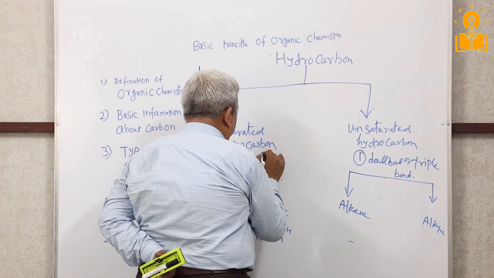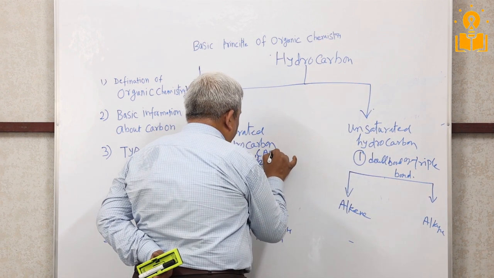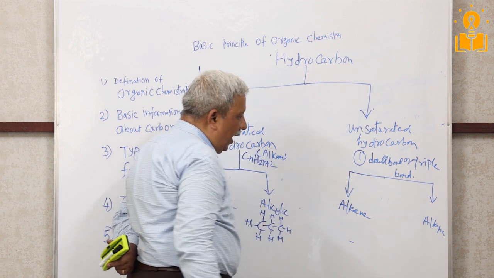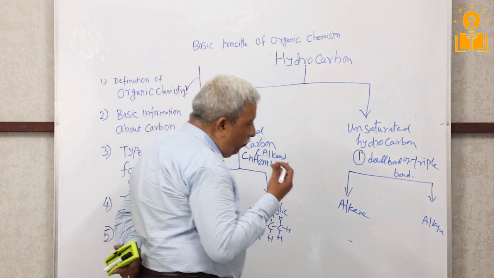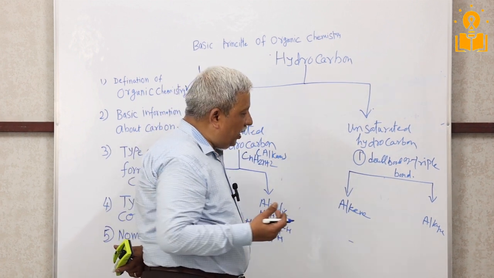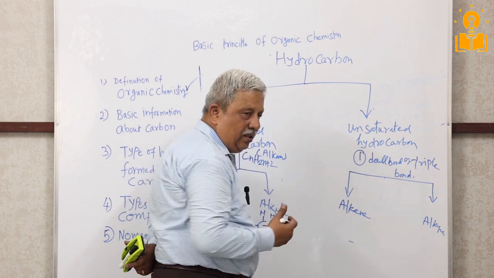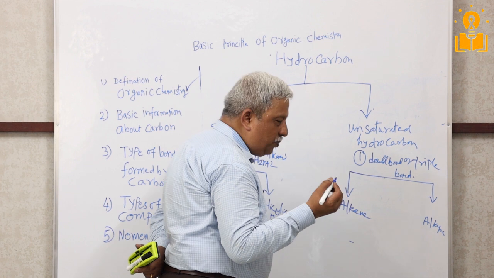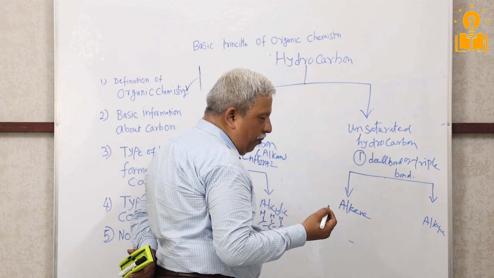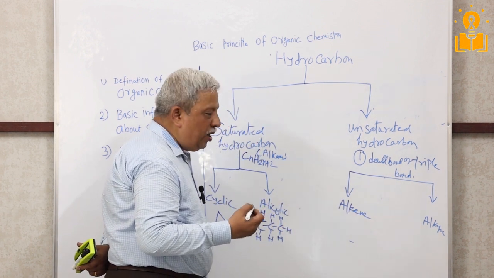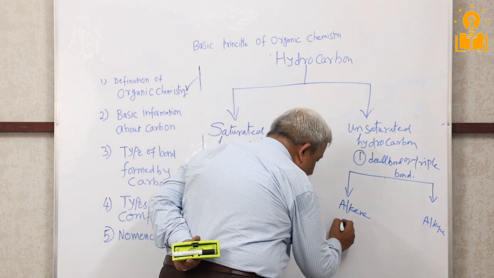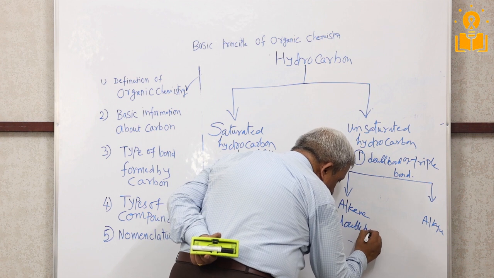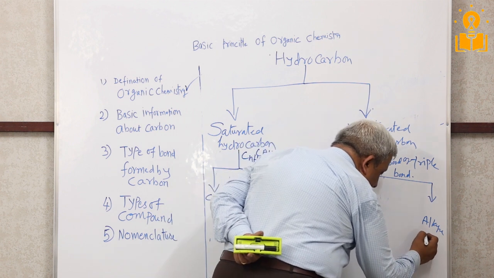A saturated hydrocarbon is also called an alkane. Now on which basis do we have the classification of alkene and alkyne? The differentiation is based on whether there is a double bond or a triple bond. Alkene contains a double bond and alkyne contains a triple bond.